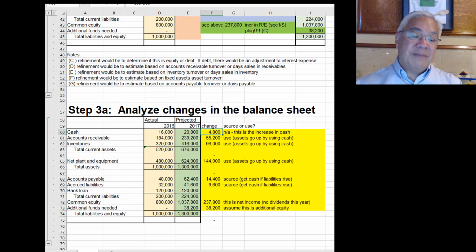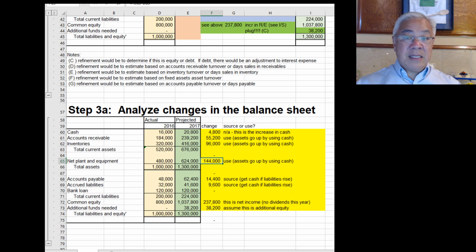First, cash. Well, that is the change. It's neither a source nor a use. That's what we're solving for. Accounts receivable, it went up from 184 to 239. Since we are lending money and the receivable is going up, that is a use of cash. Inventory went up. When we buy more inventory, we're using cash. Net PP&E went up.